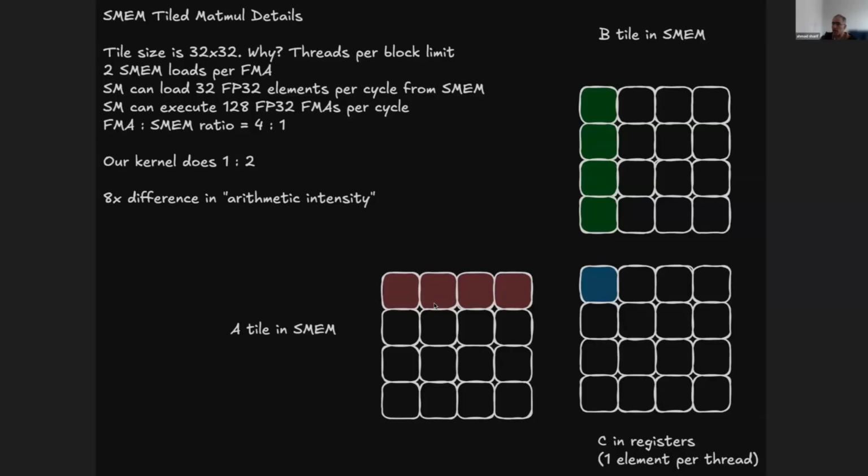Here, when you have a large tile size, the FMA to SMEM ratio, the amount of arithmetic you're doing compared to the amount of loading, has an 8x difference. It went from 1 to 2 to 4 to 1.